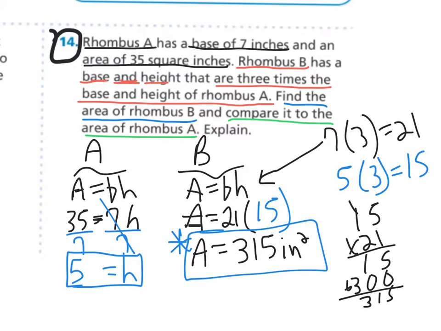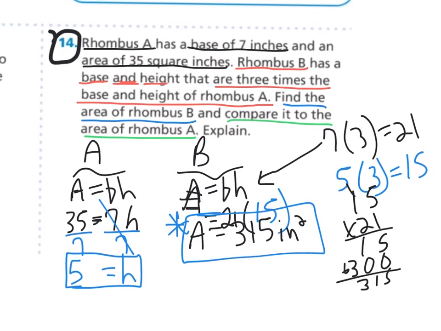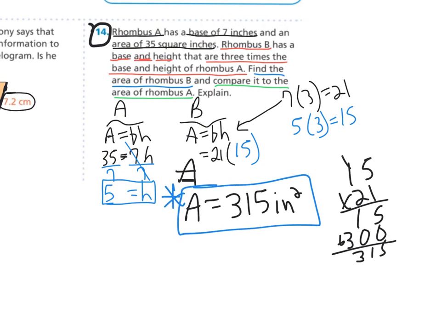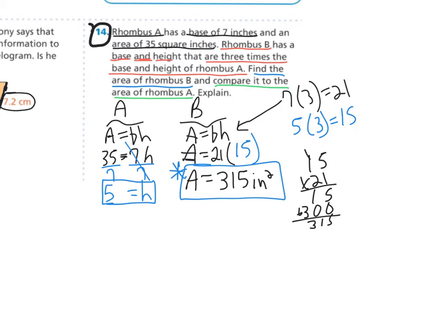So that was the first thing they asked us to do. Find the area of rhombus B. Then they want us to compare it to rhombus A. Well, we could very obviously say that it's bigger than the area of rhombus A. That's not really what they're looking for as an answer, though. What they're wanting us to do is say how many times bigger it is.